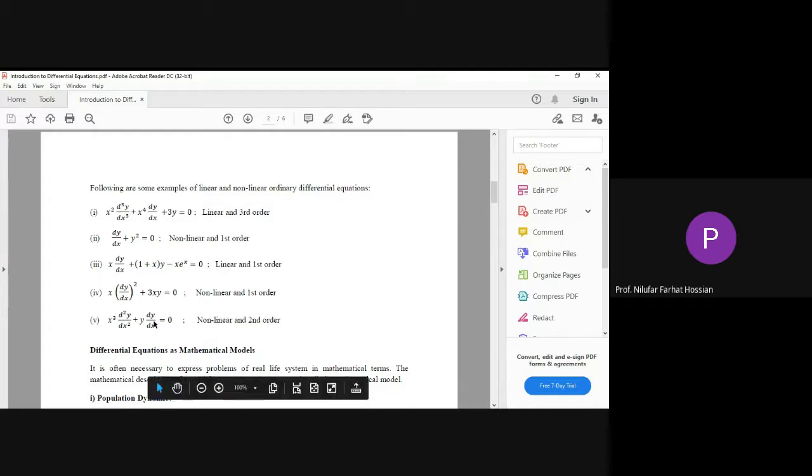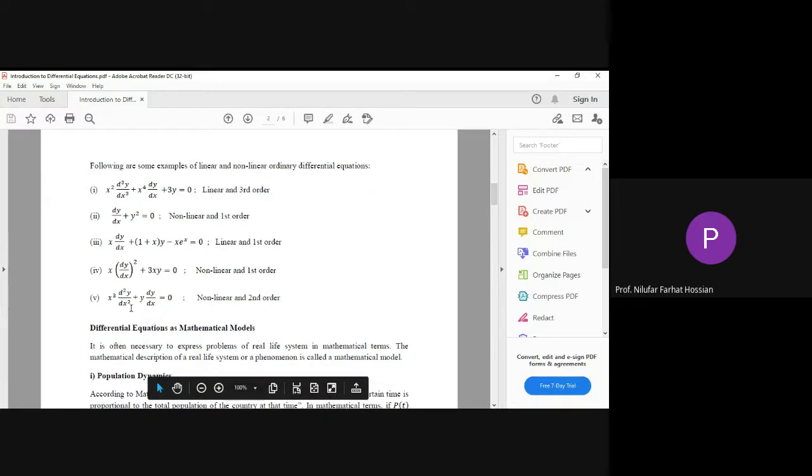Now, the last one, you see, the order is 2. The degree of the derivatives is 1. The first condition is satisfied, but the second condition is not satisfied, because here the coefficient of this derivative is x cubed, so it is okay. But here the coefficient of this derivative is y.